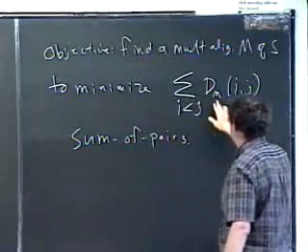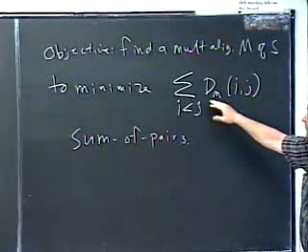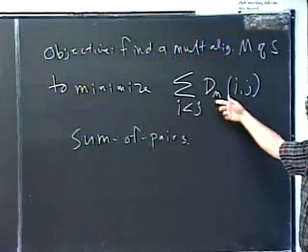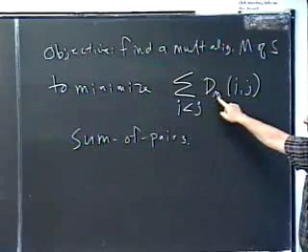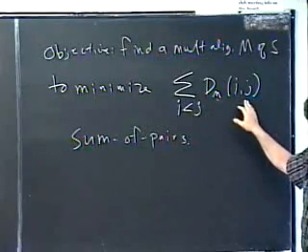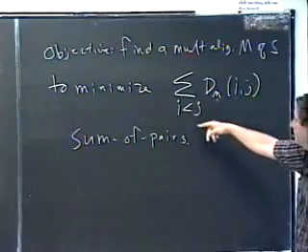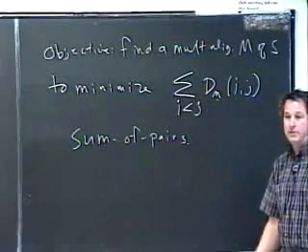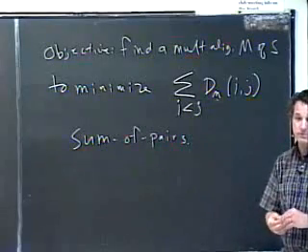This is the induced distance in the multiple alignment M of sequence Si and sequence Sj. We're summing these for all i less than j, so that means we're summing them for all pairs.